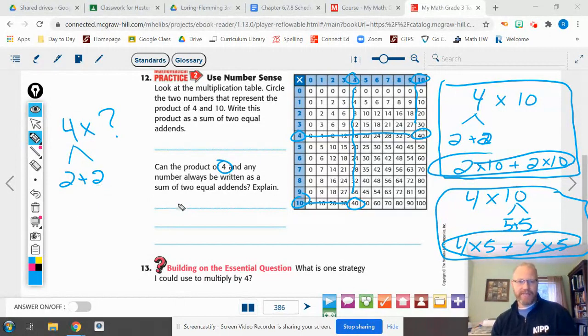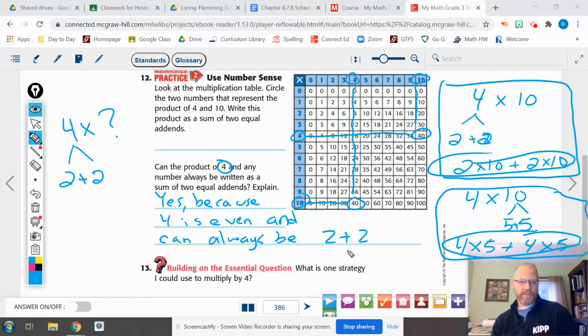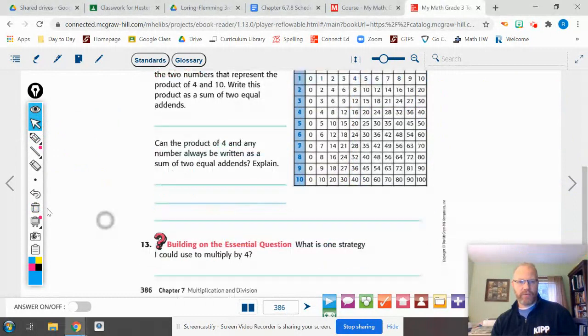Always, because it's an even number. So, yes, because 4 is even and can always be 2 plus 2.